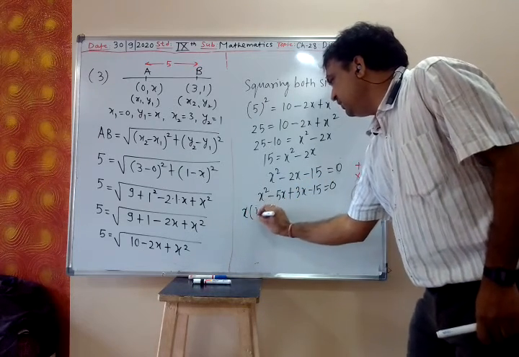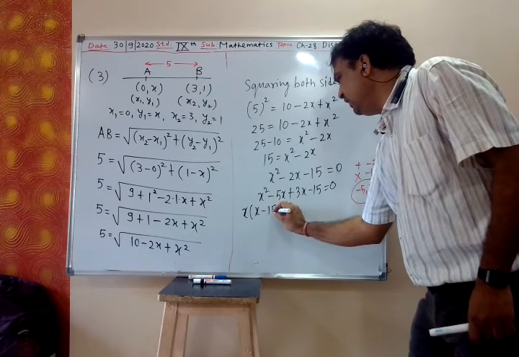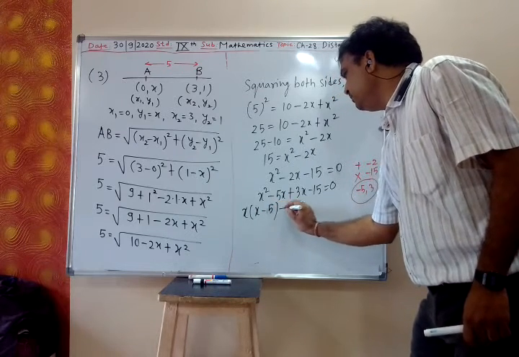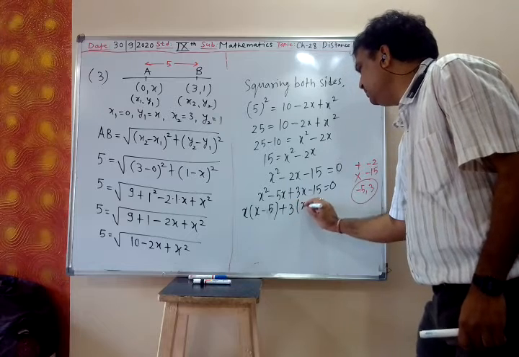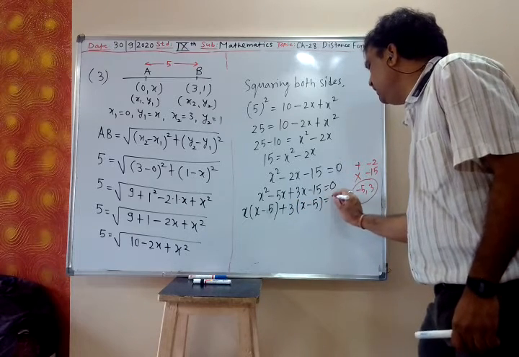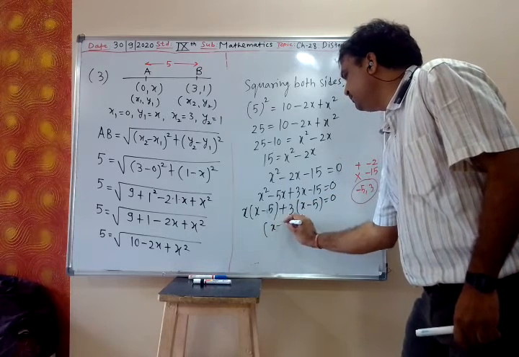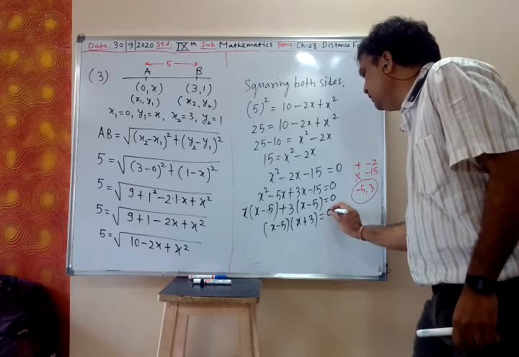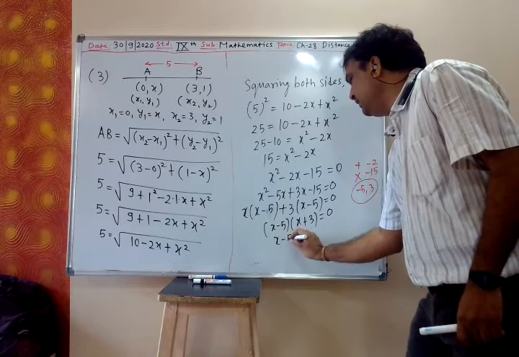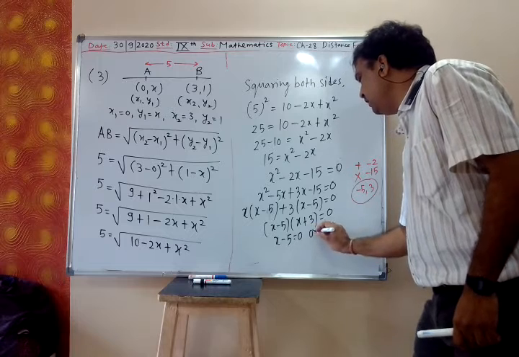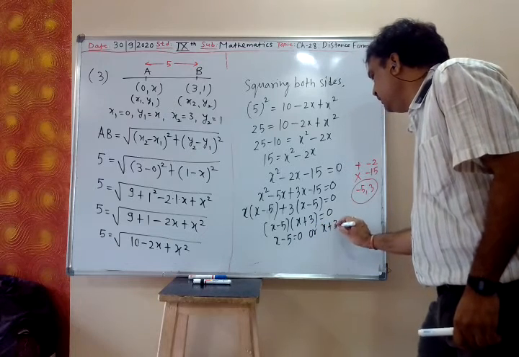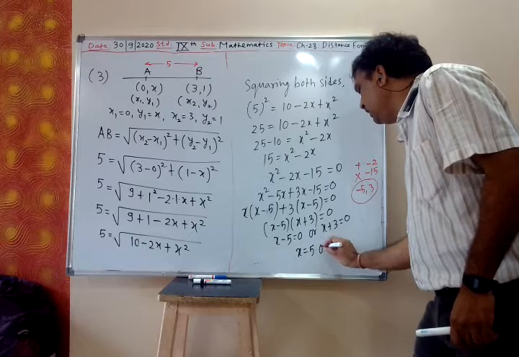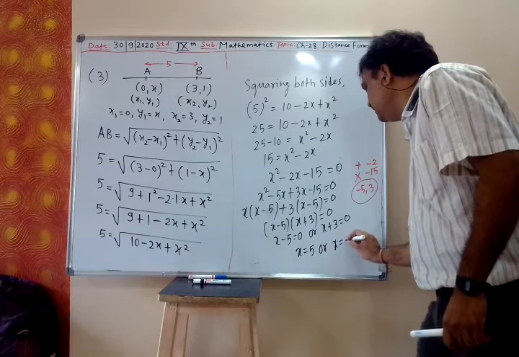So x square minus 5x plus 3x minus 15 is equal to 0. We take x minus 5 common, into x plus 3 is 0. So x minus 5 is 0 or x plus 3 is 0. So that will give you x is equal to 5 or x is equal to minus 3.